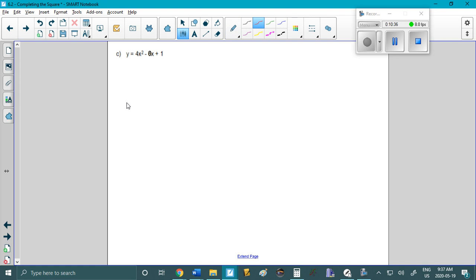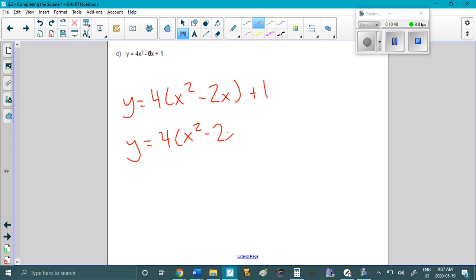Here we go. y equals, we take the 4 out of the first two terms only, so 4 times (x squared minus 2x) plus 1. So negative 2 over 2 is negative 1. Negative 1 squared is 1, so plus 1 minus 1.